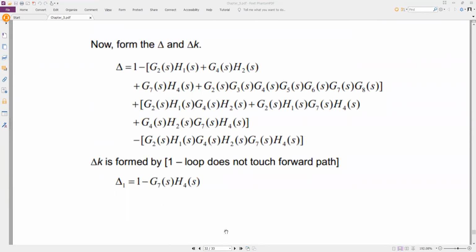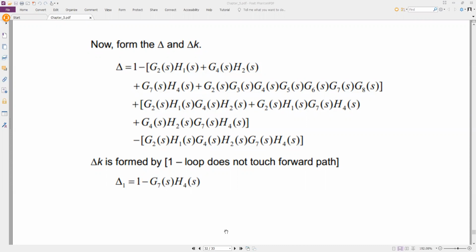Okay. From delta and delta k, we know that delta is equal to 1 minus the loop gains plus the non-touching loop gains taken 2 at a time minus the non-touching loop gains taken 3 at a time.